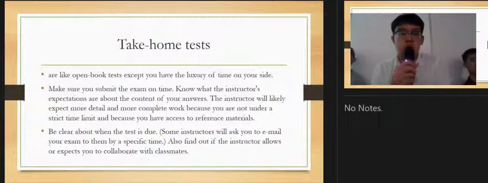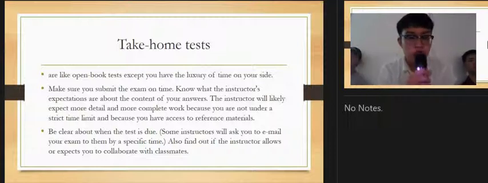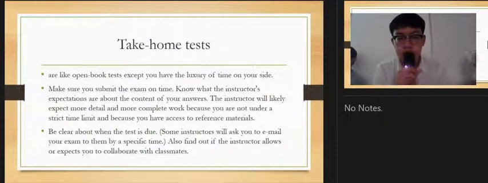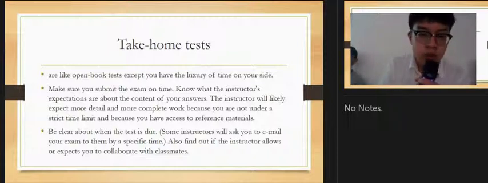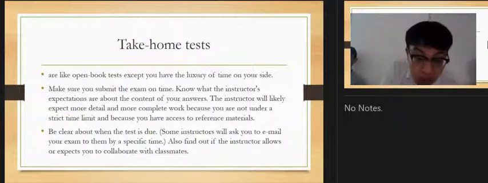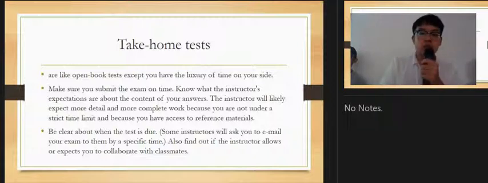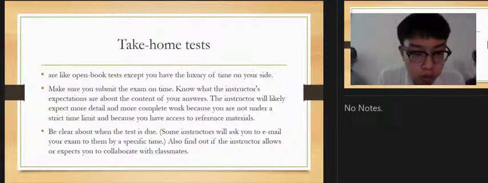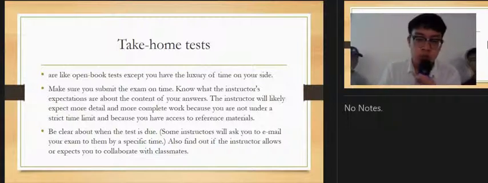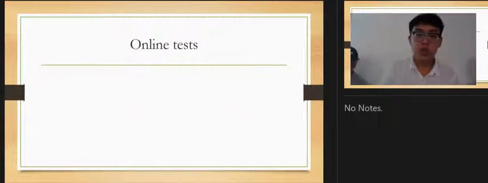The instructor will likely expect more detail and more complete work because you are not under a strict time limit and because you have access to reference materials. Be clear about when the test is due. Also find out if the instructor allows you to collaborate with classmates.